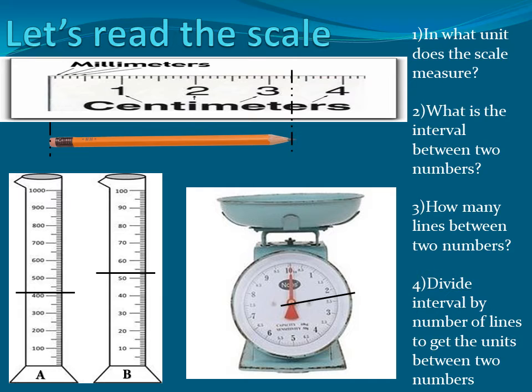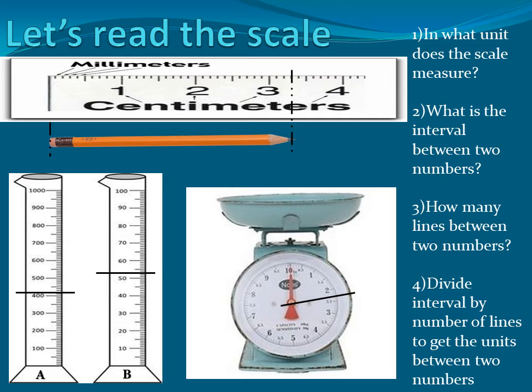Now, on a scale, there is always a regular number between the intervals. Either you have intervals of 5 or intervals of 10. Now this is an interval of 10 that we have in between the numbers. Now, how many lines do we have in between? We equally have 10 lines in between.